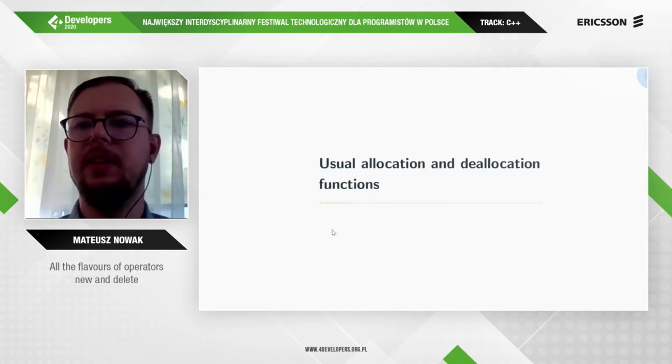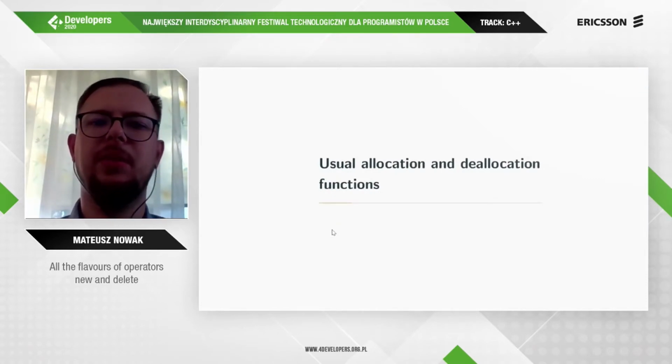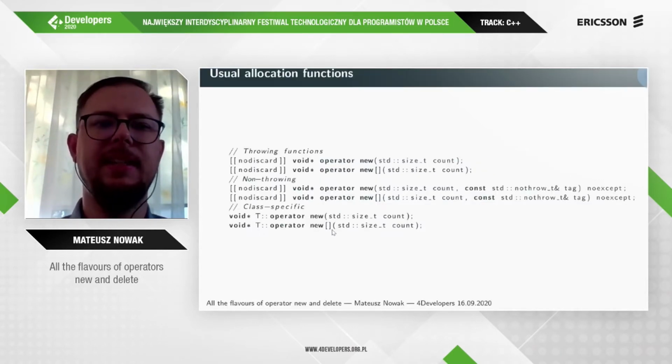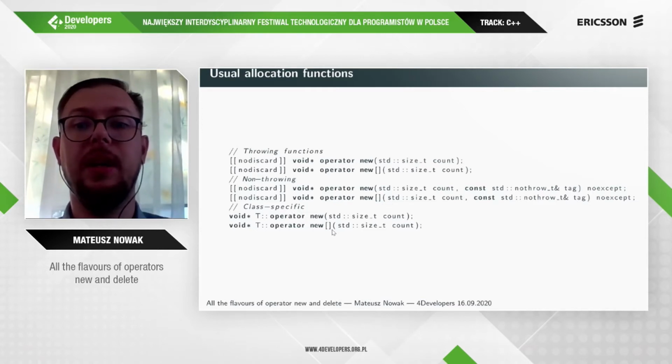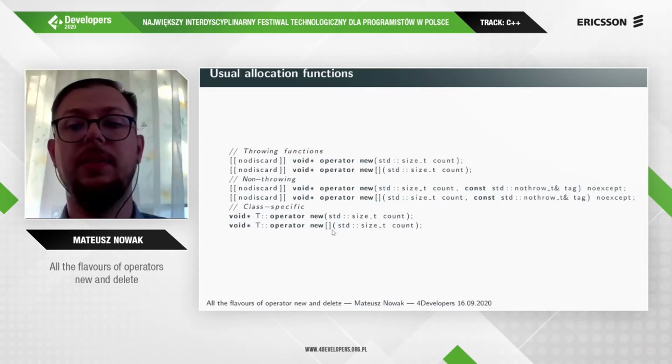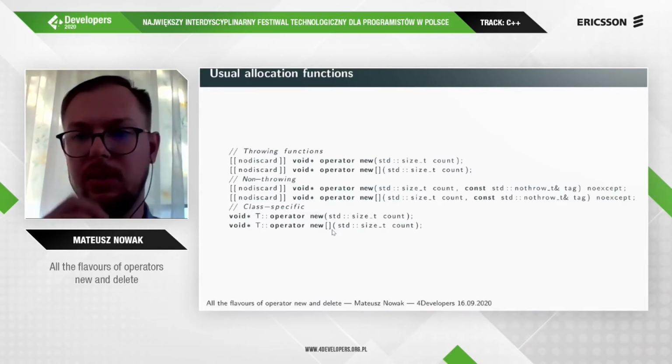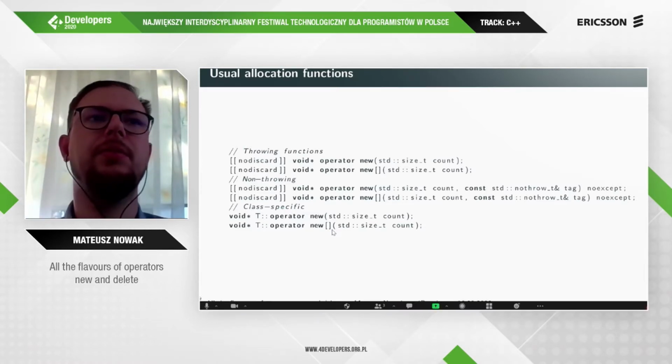Moving forward, let's talk about the first group, which is the usual allocation and deallocation functions. Let's start with allocation functions, so operator new. Or maybe go even further back and start with the thing that results in a call to operator new, the new statement.